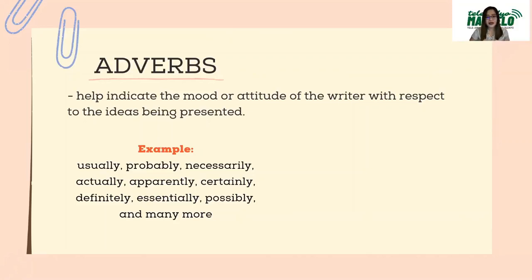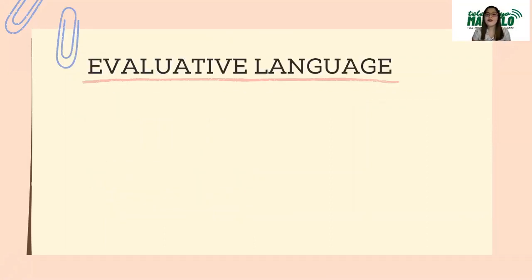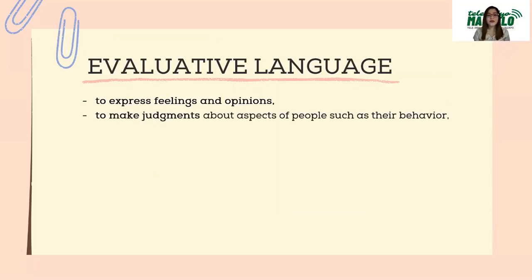And then aside from adverbs, we can also include evaluative language. So when do we use evaluative language? We use it to express feelings and opinions. We also use it to make judgments about aspects of people, such as their behavior.